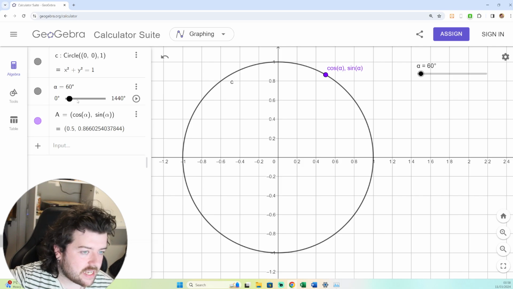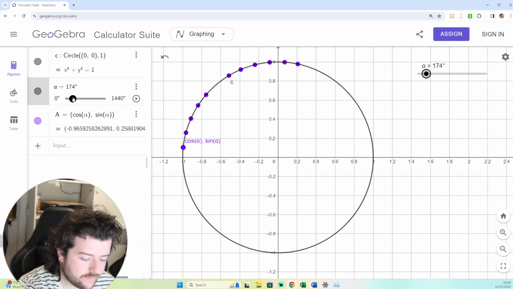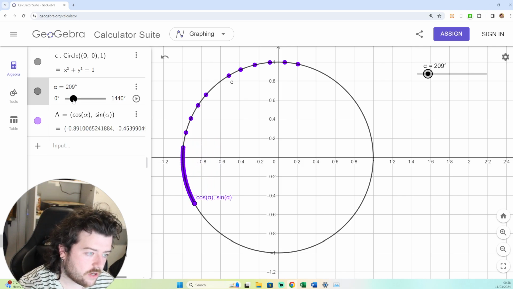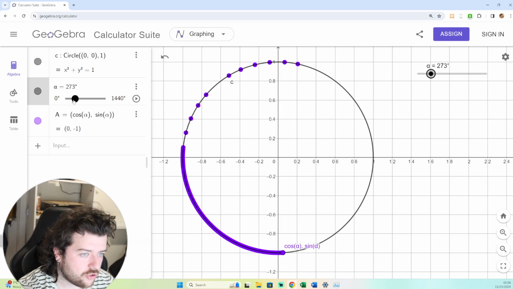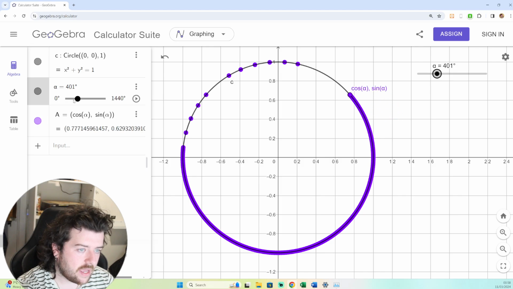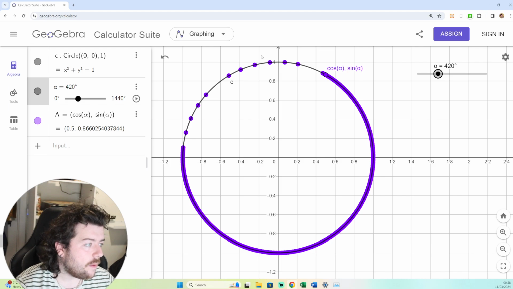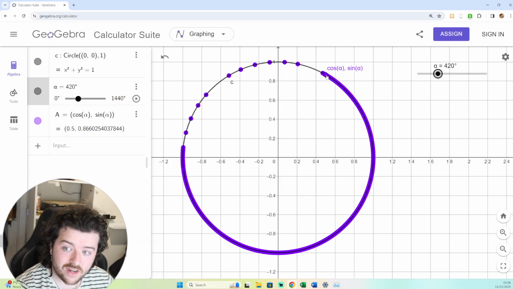If I add on 360 now, we'll see it traveling around the unit circle, getting up to 420. There we are, and now we're back to where we started.